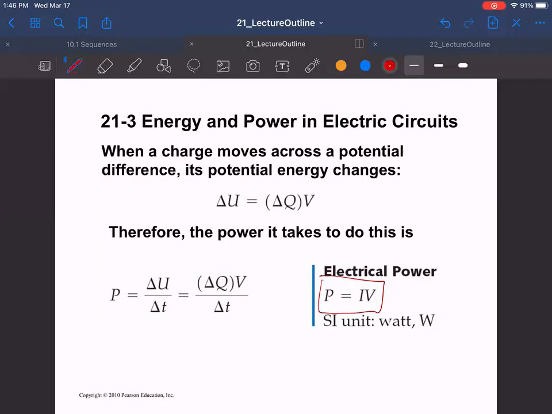Well, in order to conserve energy, power has to be conserved because power is energy per time. And so as voltage goes really high, if we're keeping power the same, what has to happen to the current? It goes really low. And so those things give you a big jolt with a high voltage, but they don't push a lot of current through you. So it's not going to stop your heart. At least that's the idea, right?